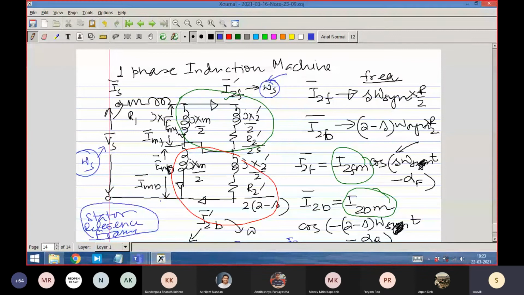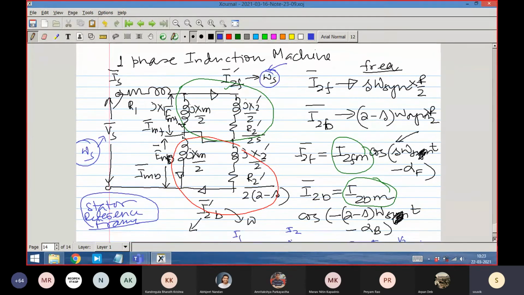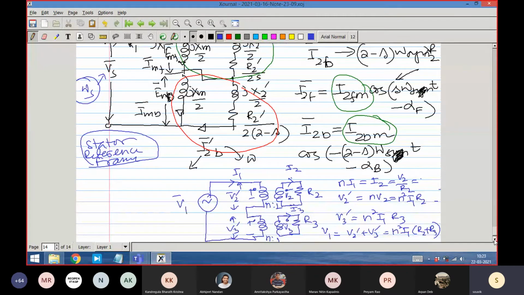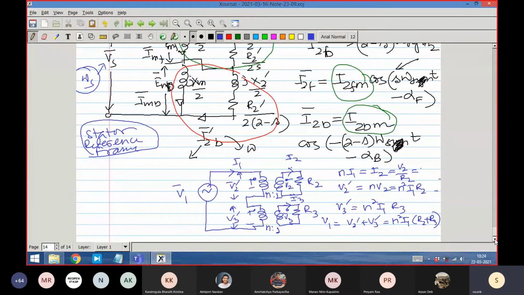Okay, let me continue. These things don't sink in immediately, but you think about it, and next class, if you have some doubt, we'll talk about it. I raised this just to make you think. If required, go back to the derivation of the equivalent circuit of the three-phase machine.